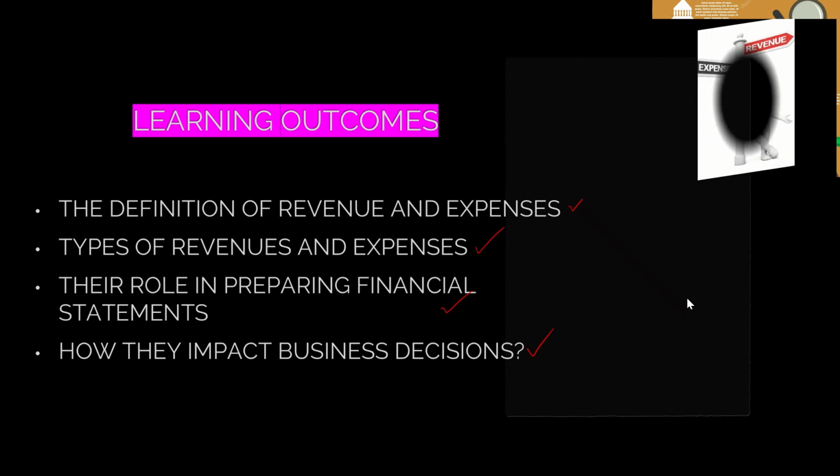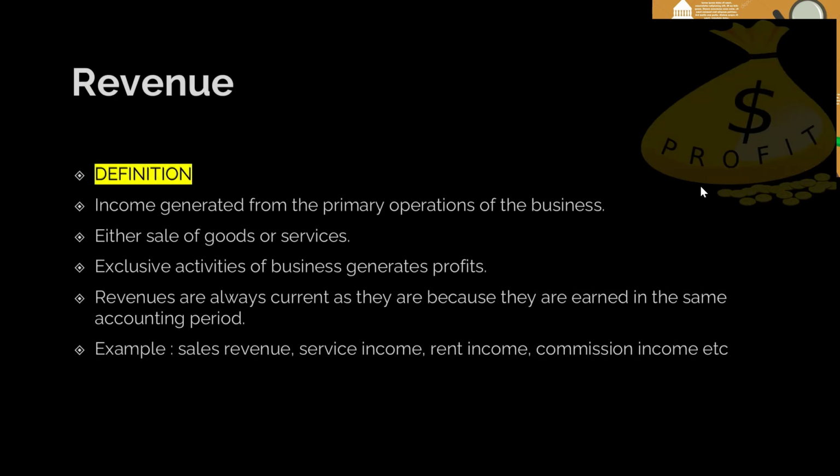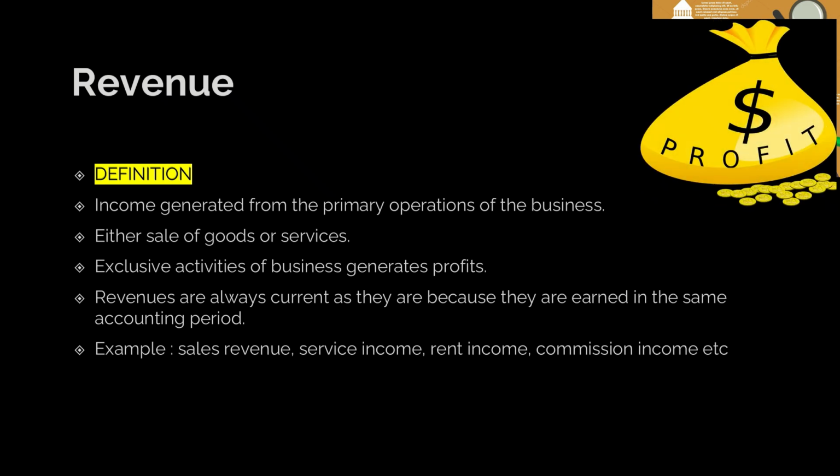Let's go with our first slide, which is about revenue. According to the definition, revenue is income or profit generated from the primary operations of the business. Allow me to clarify the term primary.